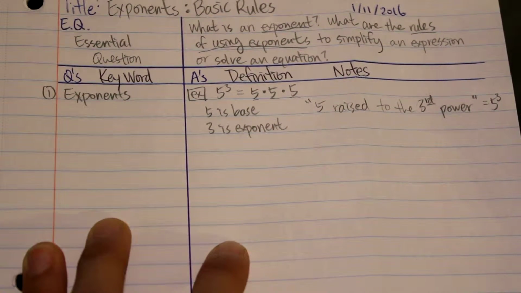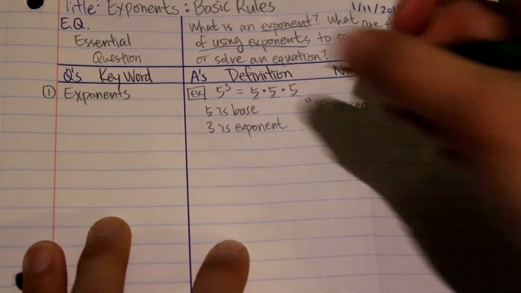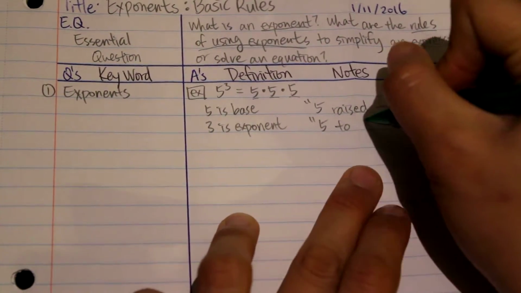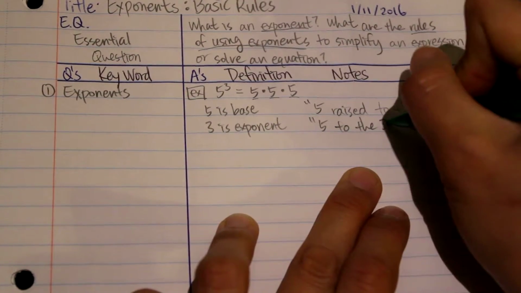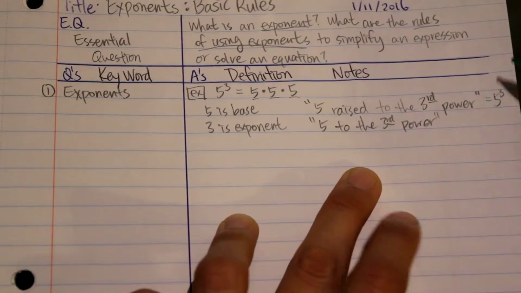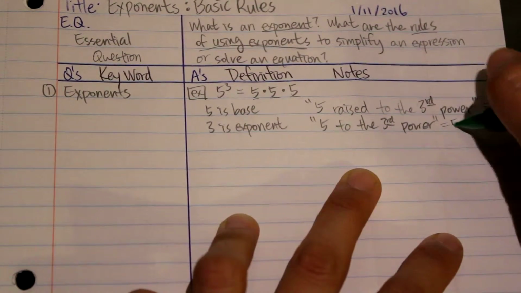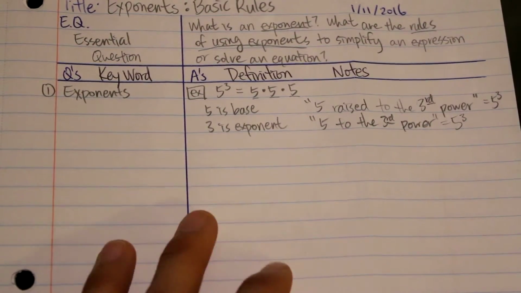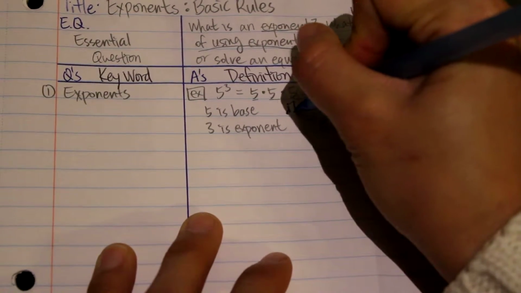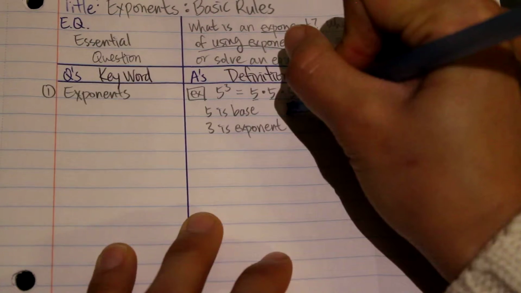Okay, and then another way of saying it, if you want a shorthand, is 5 to the third power. So you don't have to say raised if you don't want to. Okay, so those are the two keywords of how to say it. So maybe if you want to put a little note how to say it properly.